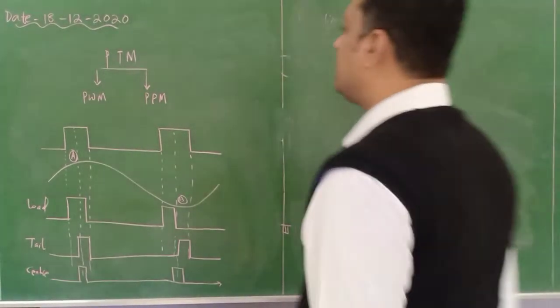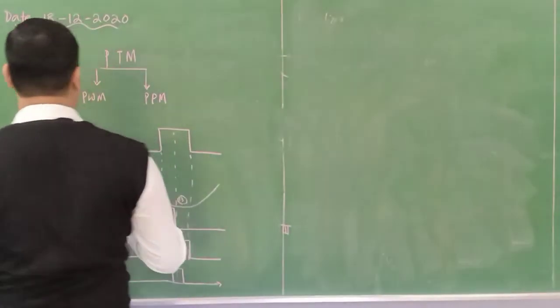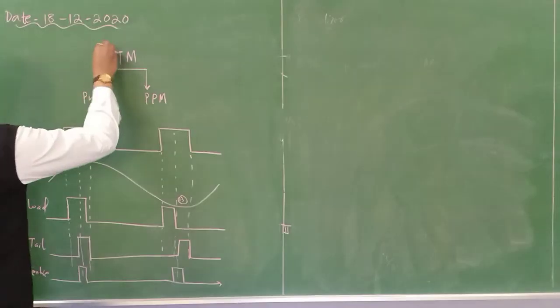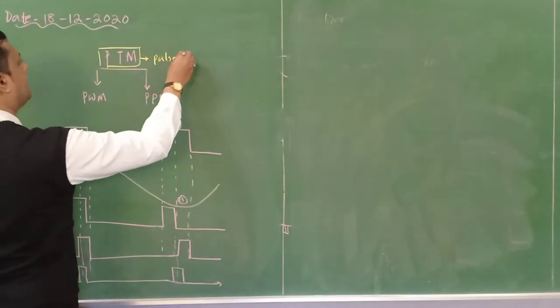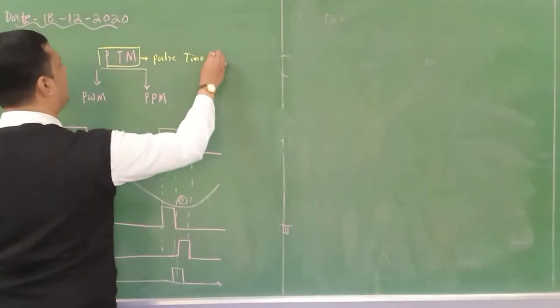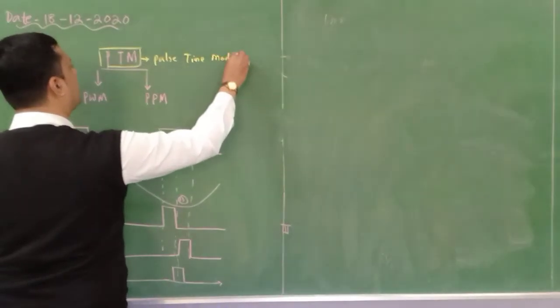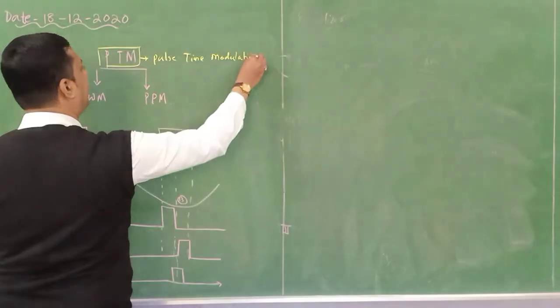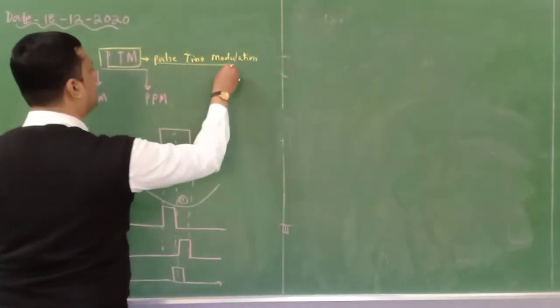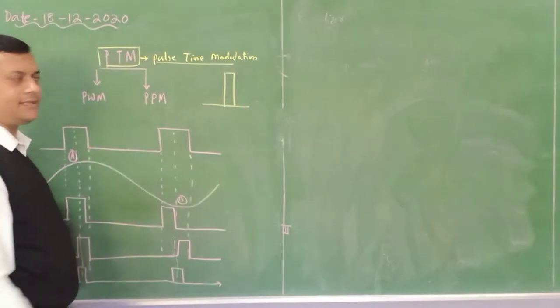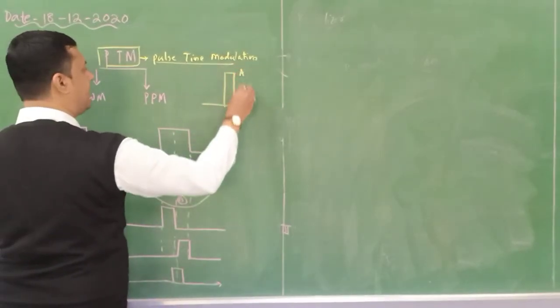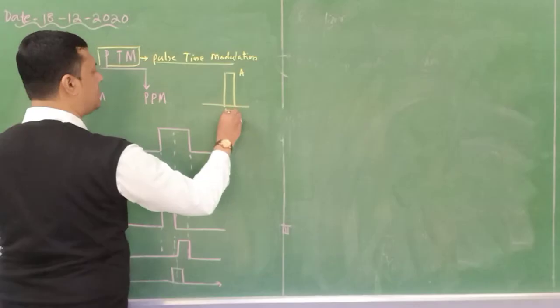Now we are going to discuss pulse time modulation. PTM means pulse time modulation. We have seen PAM. Suppose this is the pulse; it has two characteristics, one is amplitude and one is time.